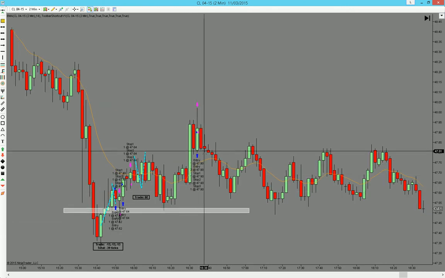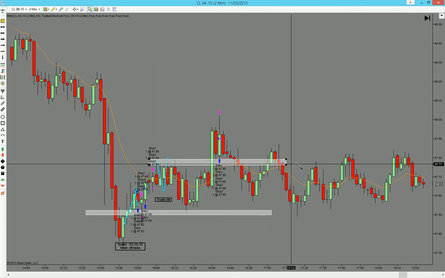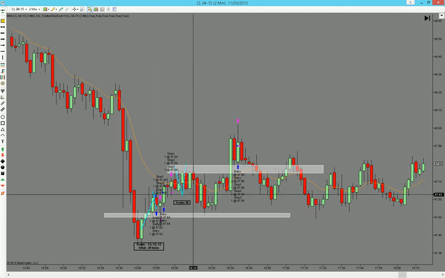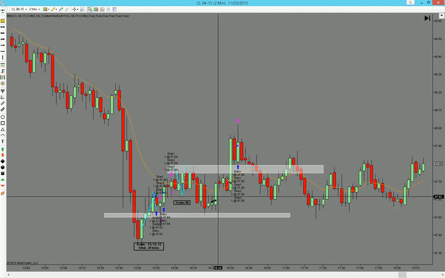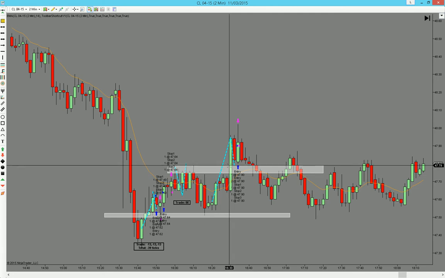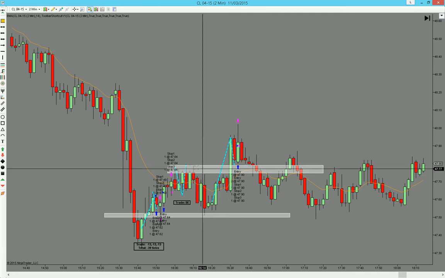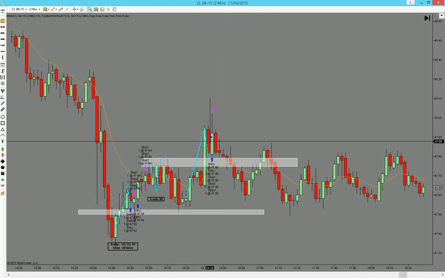Then next setup, price broke the resistance level back up, bounced back into it at the tick 14,779, sitting right at this high, gave us the entry.